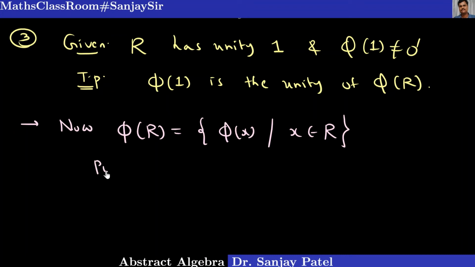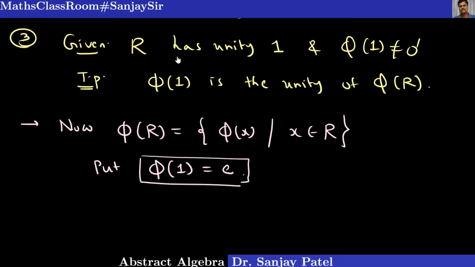So let us put phi of 1 is equal to E. Let us call it E. And we want to prove that this E is a unity element of phi of R. Let us start with any element in the subring or ring phi of R. So let us take, say, Y belongs to phi of R be arbitrary.